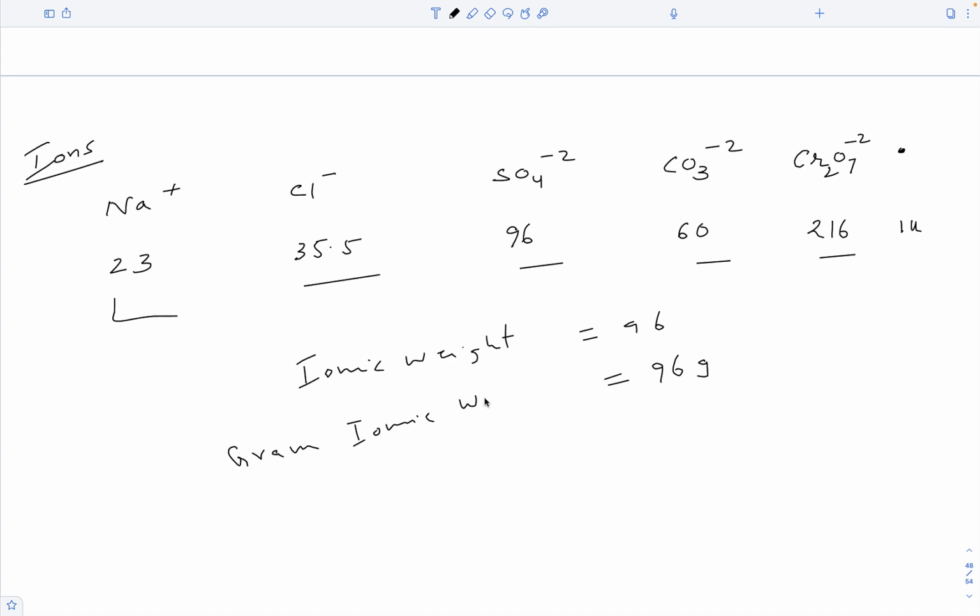It becomes gram ionic weight or simply gram ion. Gram ion and gram ionic weight are one and the same. Simply put, it is the ionic weight of a particular type of ion in grams. So the ionic weight of sulfate ion is 96. So 1 gram ion of sulfate ions is 96 grams.